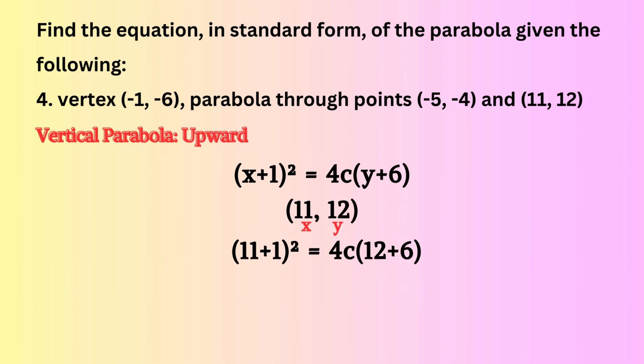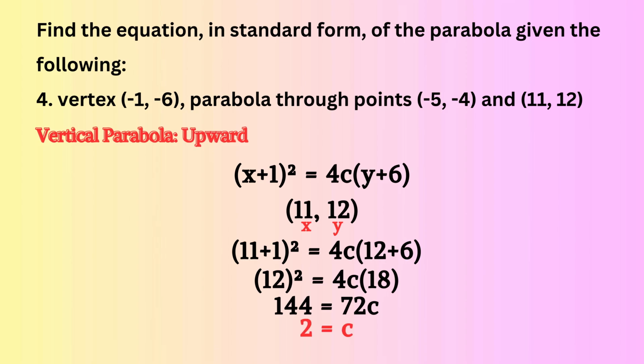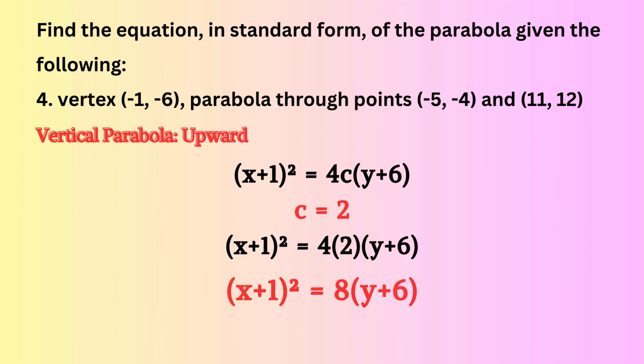So if you use the point (11, 12), you will have... divide both sides by 72, you will still get c equals 2. In the end, you will have the same equation.